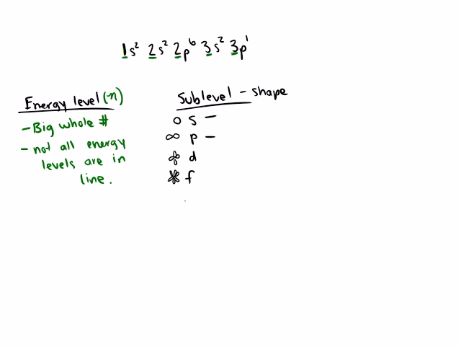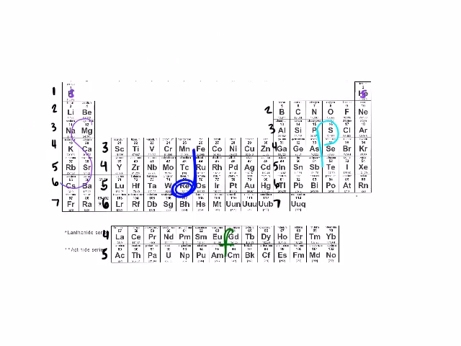So let's go through and count how many electrons fill up an S sublevel. Let's look back at the periodic table. Every single place where there's an S, 1, 2, 1, 2, 1, 2, 1, 2. So S's take 2 electrons. P's take 1, 2, 3, 4, 5, 6. D's take 1, 2, 3, 4, 5, 6, 7, 8, 9, 10.